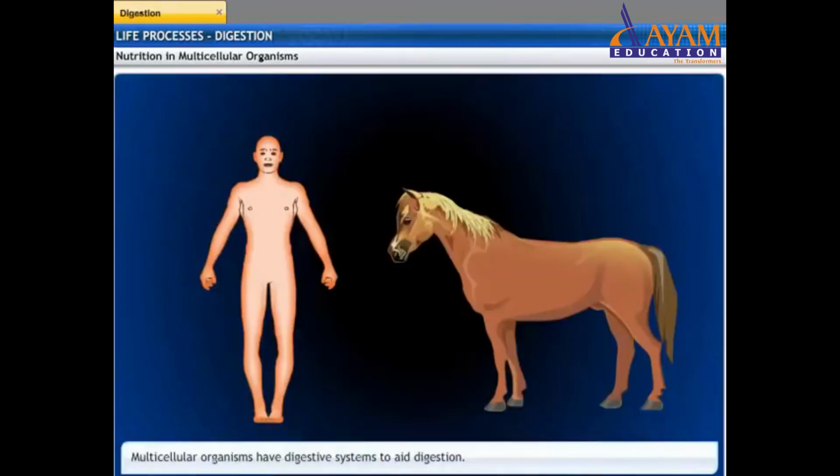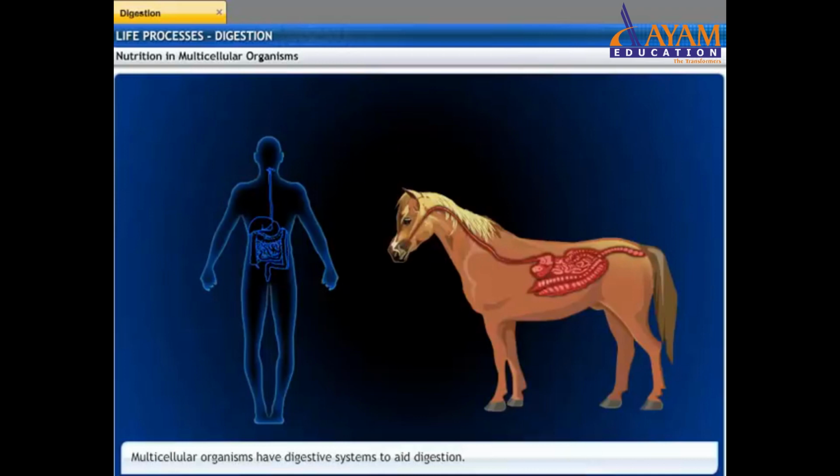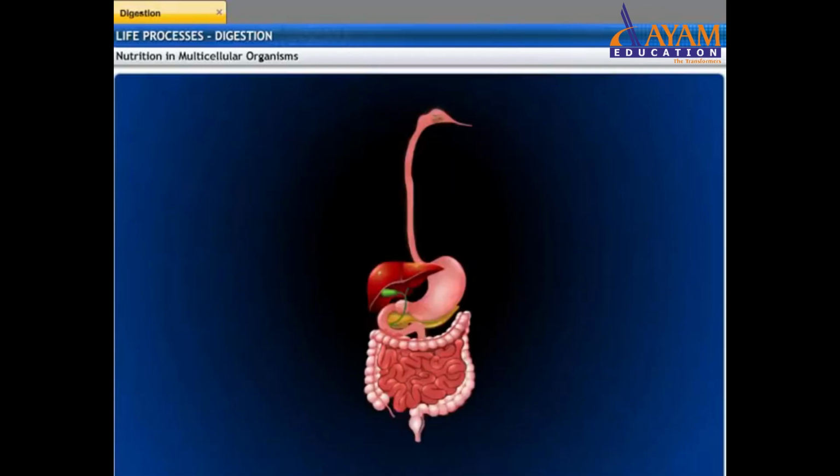Multicellular organisms have specialized and complex organs for digestion, which form a digestive system. In the digestive system, food is taken in, broken down into a simpler form, and absorbed. The waste material is thrown out.